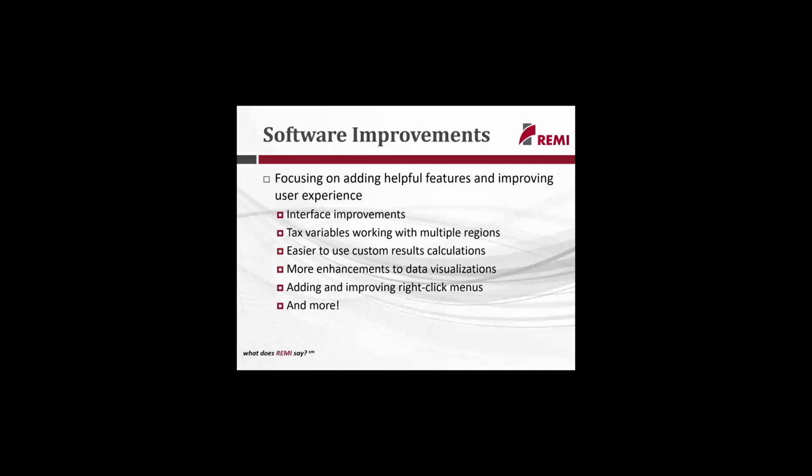We've taken care of that. We're going to add some more features for the results, and put some new tables in certain products to help people understand the results a little better. We're also going to add features so you can show more things in the data visualizations, and lots of little things like improving right-click menus and adding more options here and there.